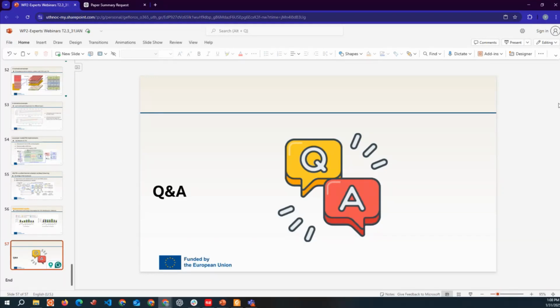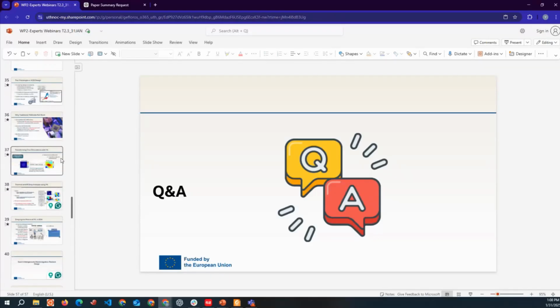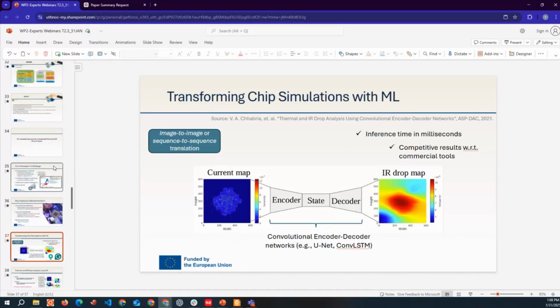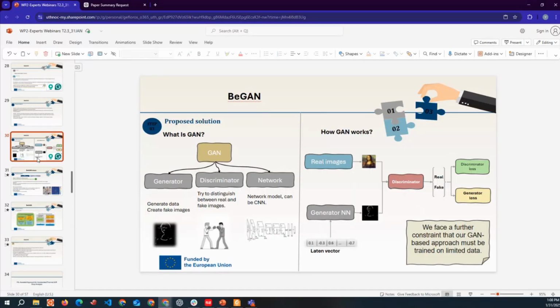It was more on what was presented by Tahani regarding the hotspot lithography. In which slides? Maybe in the previous slide.